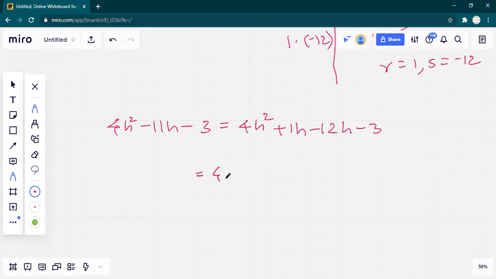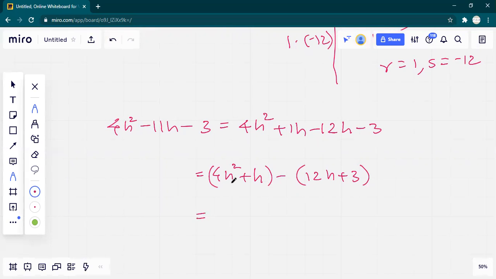That's equal to 4h squared plus h, minus, if you take minus out from the two terms, you will get 12h plus 3.